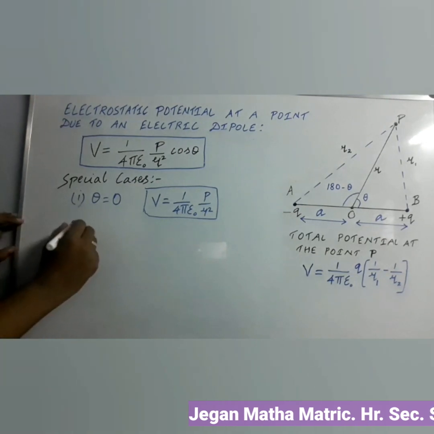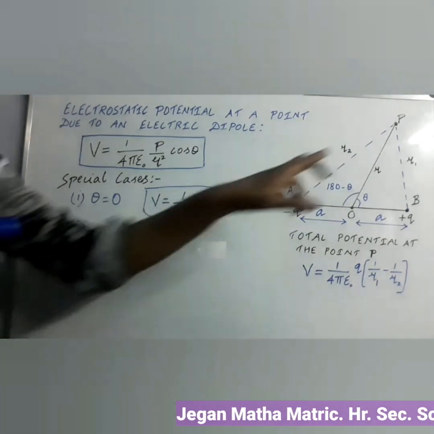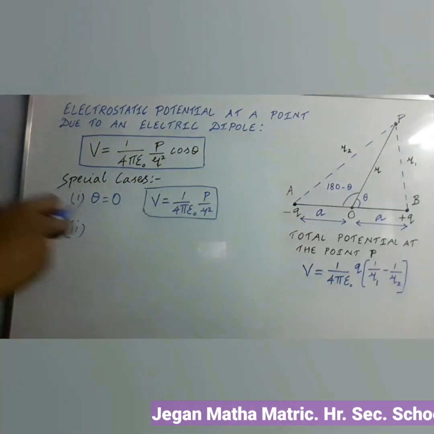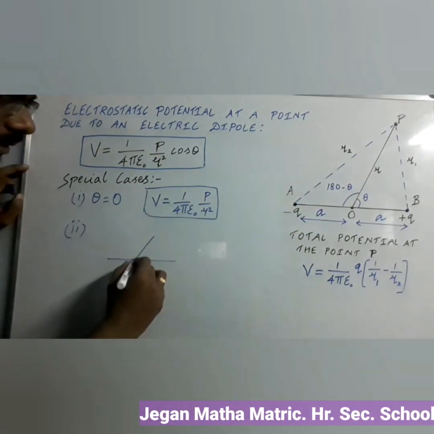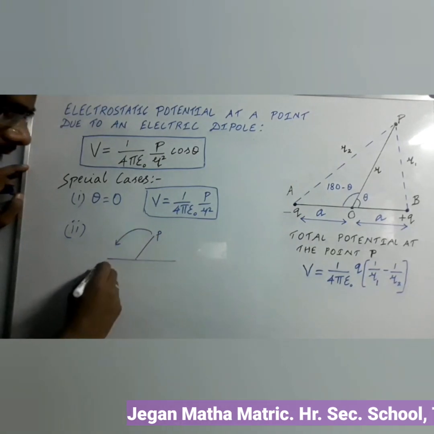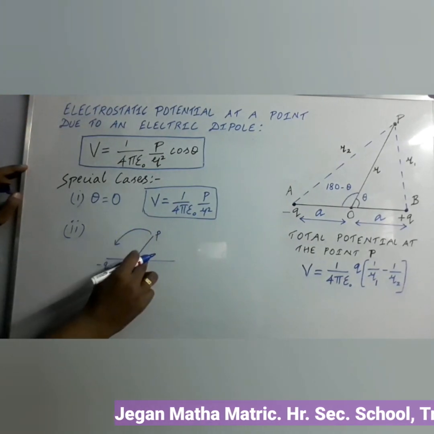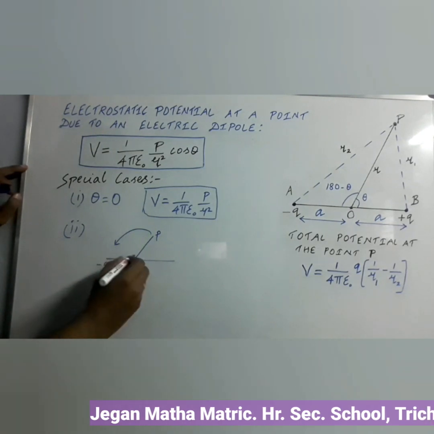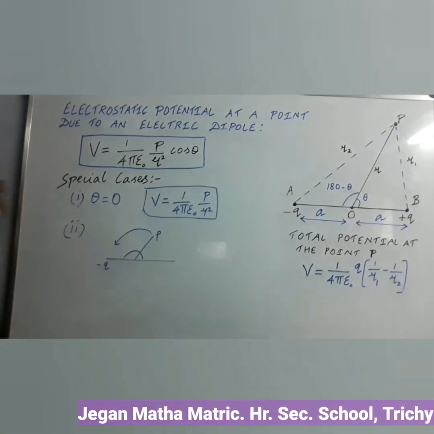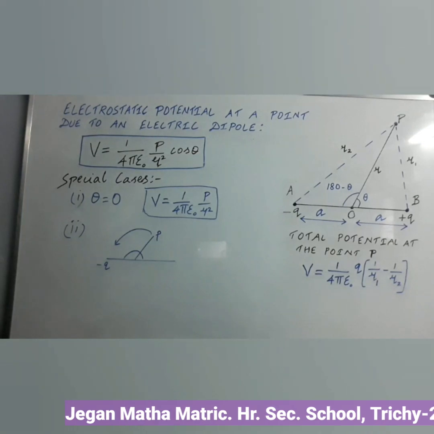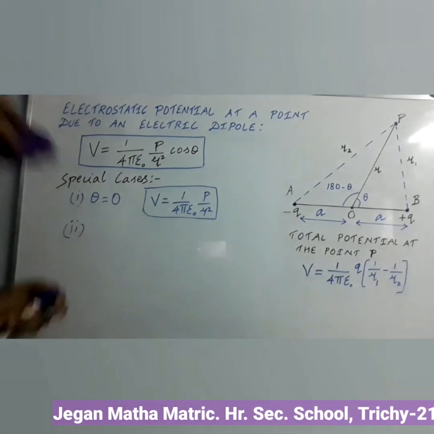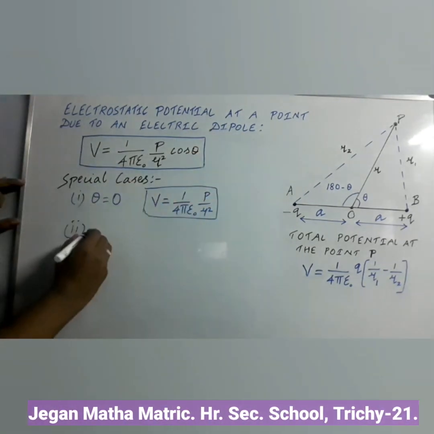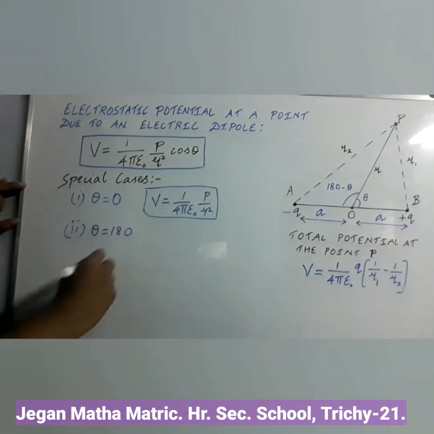Second case, suppose the point P lies on the dipole axis at the side of the negative charge. Now what about the angle? From 0 it increases, now it is theta, it gradually increases, and finally it makes a straight line. Now what is the angle? 180. It falls on the negative charge side, which means the angle will be equal to 180.